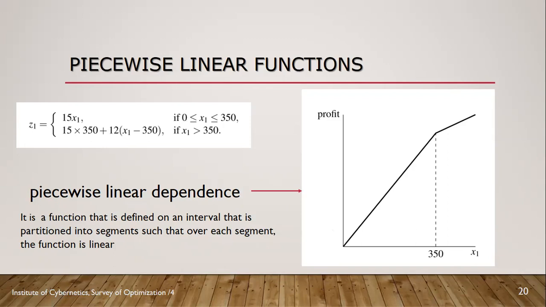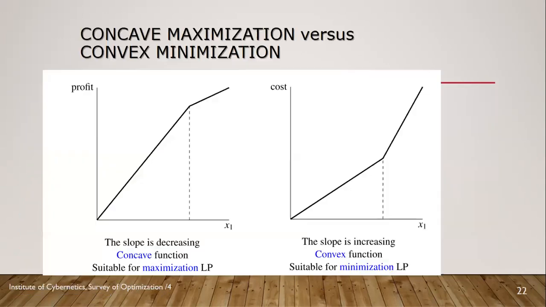There are two types of piecewise linear functions: a concave function and a convex function. What is the difference? Here the slope is higher and then it is lower. Here is the opposite: the slope increases, so the line is steeper after crossing this point.